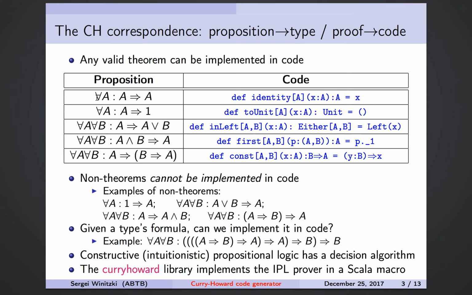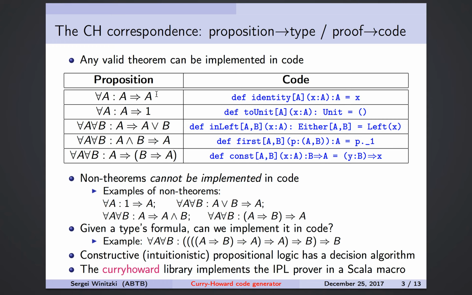So for example, this proposition means that for every type A, if we can compute the value of type A, then we can compute the value of type A. Well, that's not a very interesting proposition, perhaps, but that is just a very first simple example.